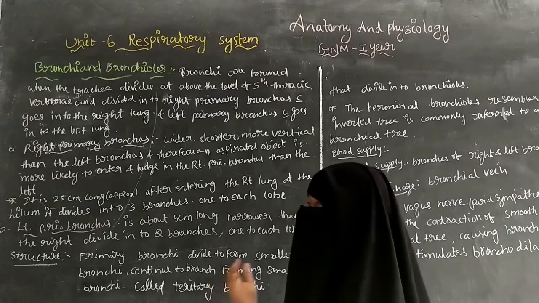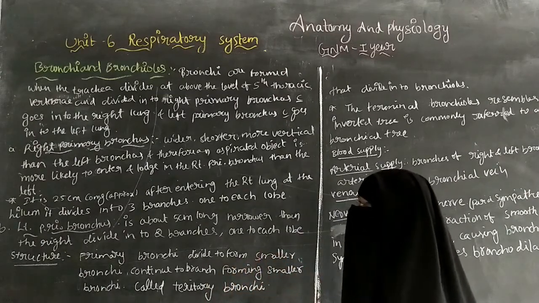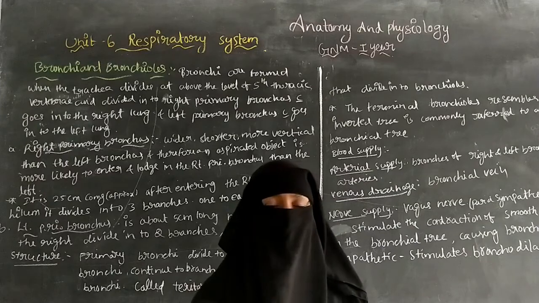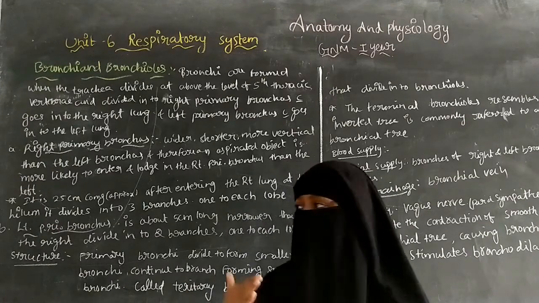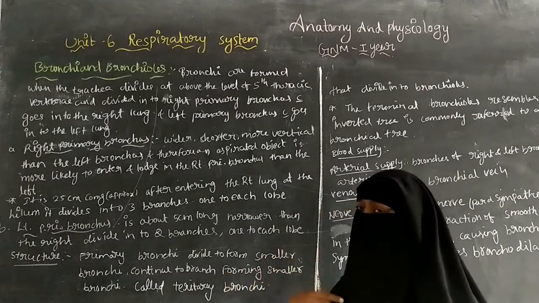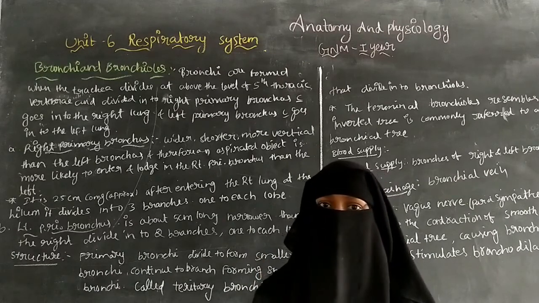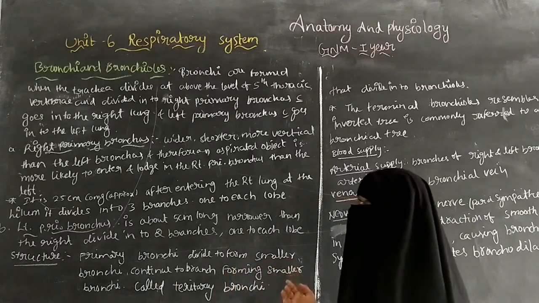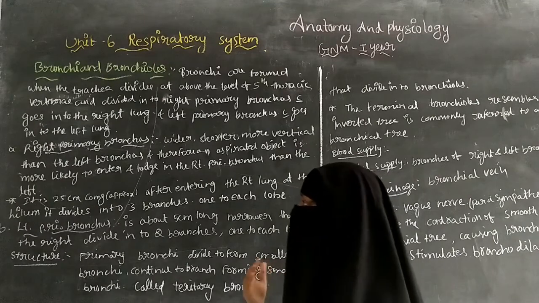So if any material is aspirated, it is more likely to enter and lodge in the right primary bronchus than the left.